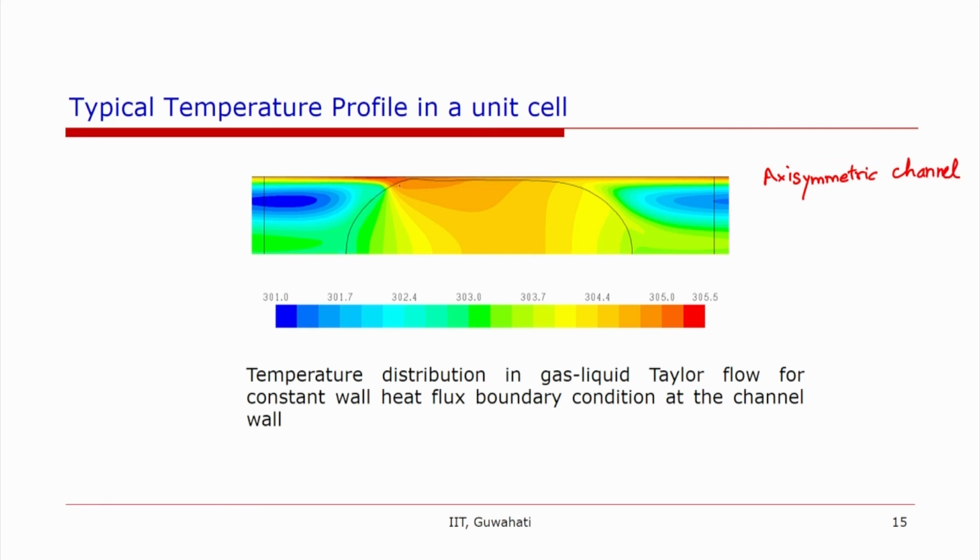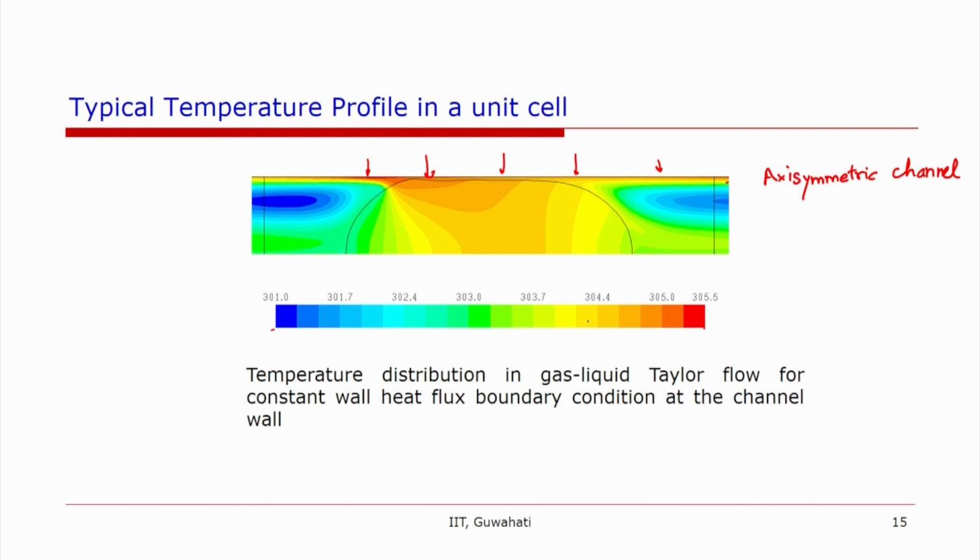The black line shows the boundary of the bubble, the other half will be on the bottom, and you can see the temperature. There is a constant wall heat flux boundary condition. So, the heat is entering from the wall, and the fluid is hot, as you can see from this temperature scale, which varies from 301 to 305.5.